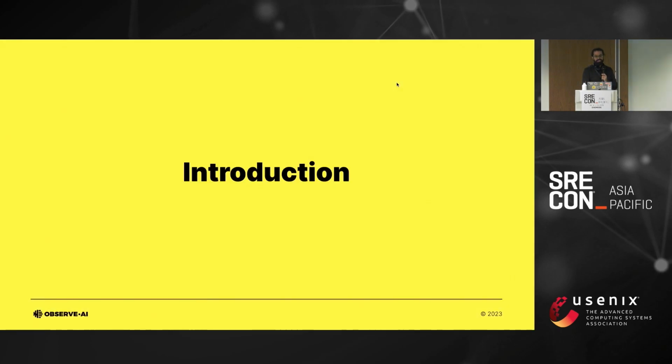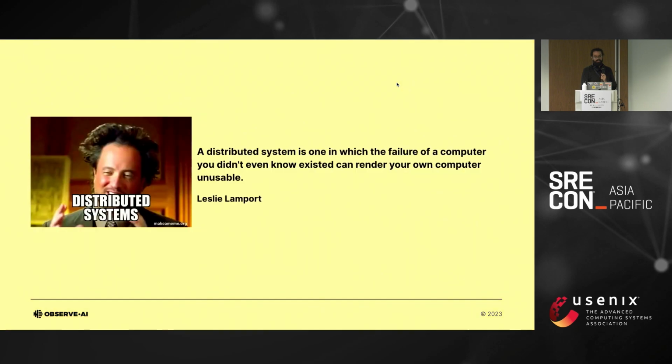With that context, I'll begin this talk with a quote of Leslie Lamport, who is one of the pioneers in distributed systems, which goes on to say that the failure of a computer can cause other nodes to fail in a system without you even knowing. This is something that we do not want in the system that we are trying to build.